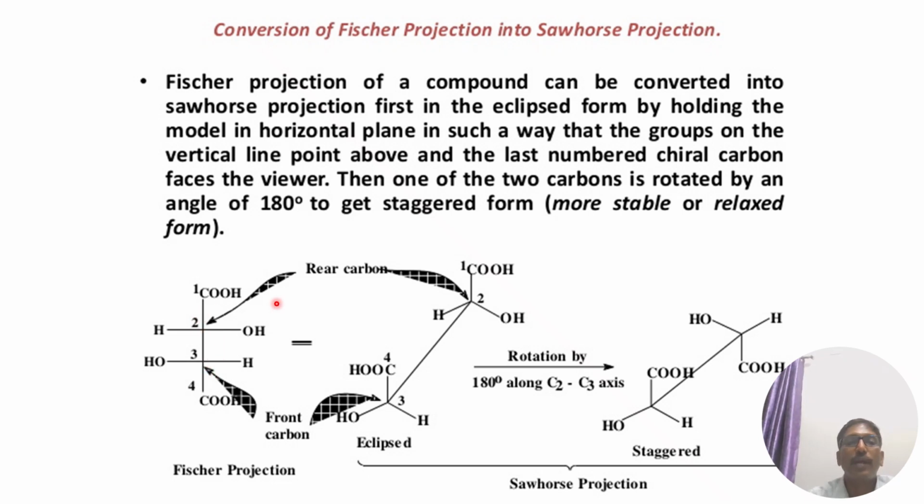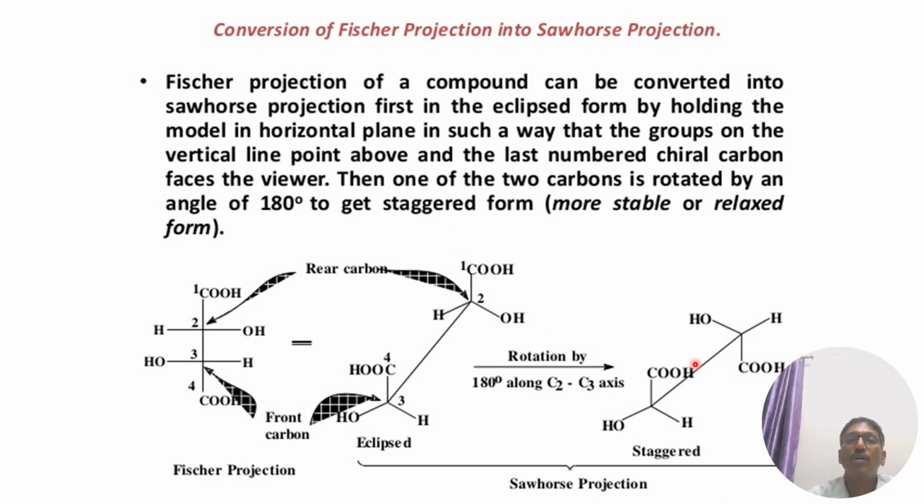And whenever we convert into the Sawhorse, it should be the eclipsed one. Subsequently, we can convert into staggered because it's a more stable conformation, because the Fischer projection, whenever you project, would be in the eclipsed form. That eclipsed form we have to depict in the Sawhorse projection, where you can see the same one, and later on it can be converted into a staggered one.